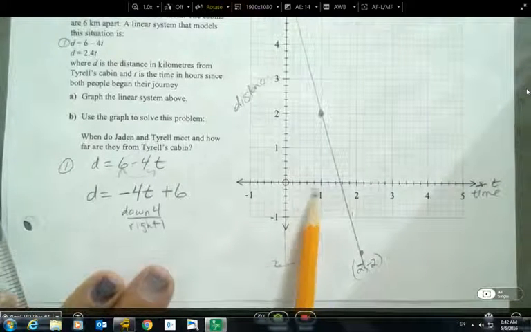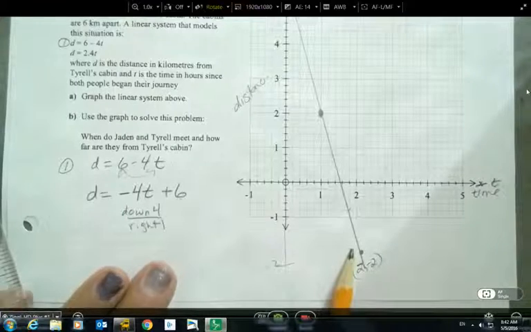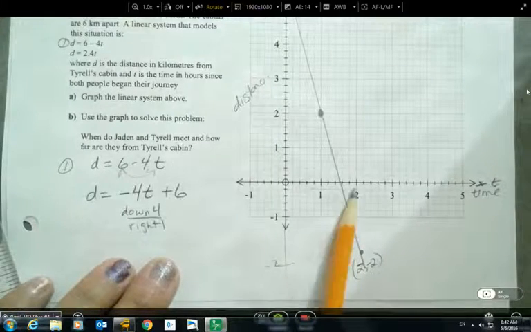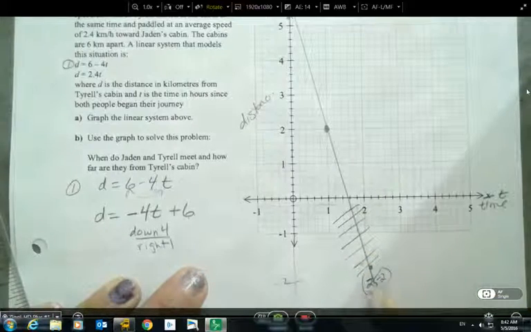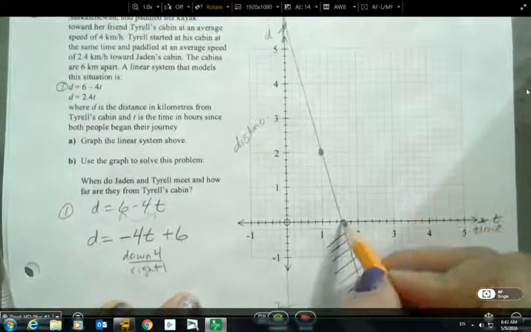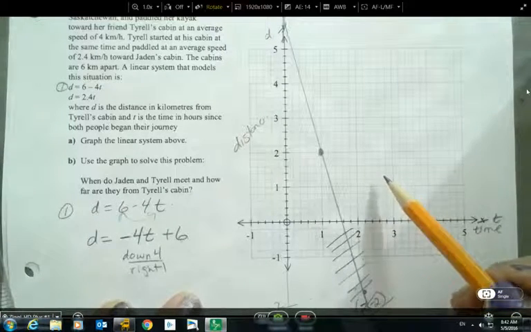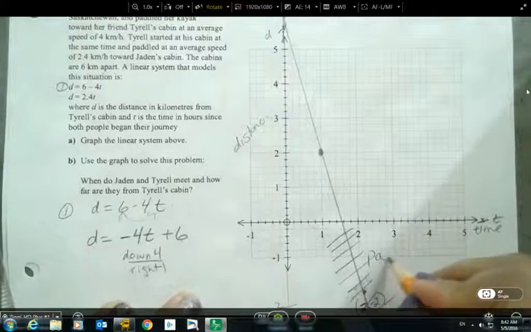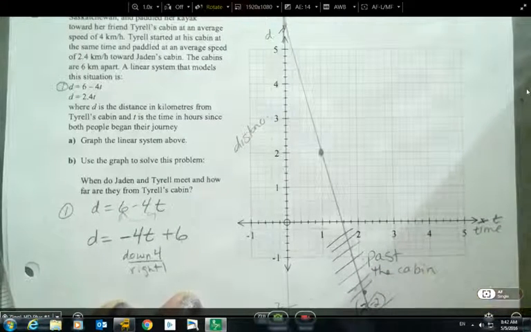Would it go down in here? No, why not? Because then I'm going past the cabin, right? So I'm going to ignore this part, and I'm really only going to care about what's above the x-axis, okay? This is past the cabin. All right.